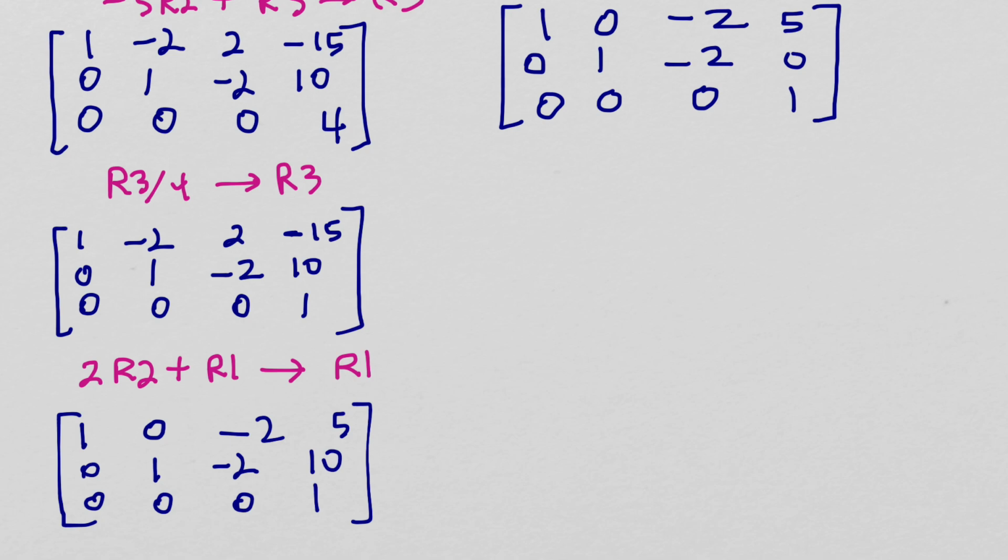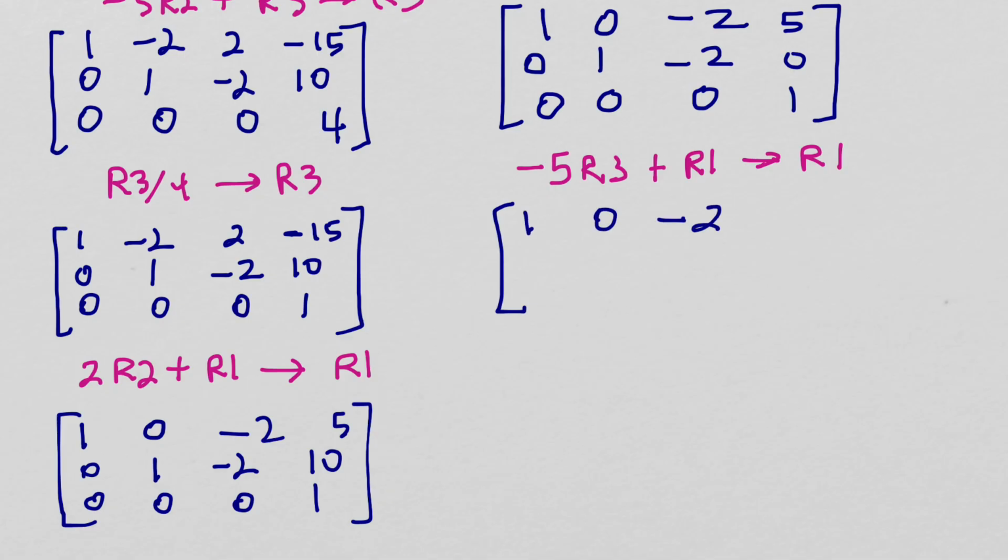So I'm going to say negative 5 R3 added to R1. New numbers on row 1. So those zeros aren't going to change these 3 numbers, but I'm going to be able to zero out this 5. All right, then we'll put the other two back on, and then we have that.